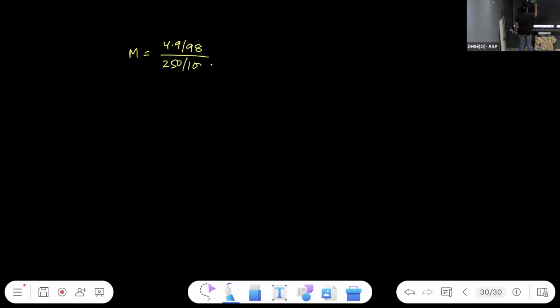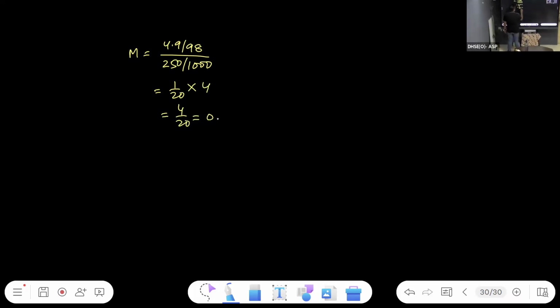So it is coming 4.9 by 98, 1 by 20 into 4, so 4 by 20, that is 0.2. 0.2 molar of H3PO4.